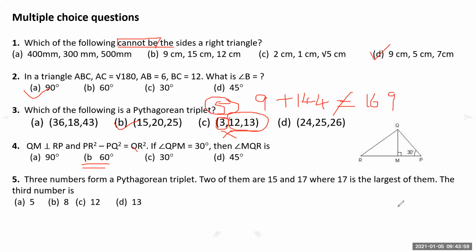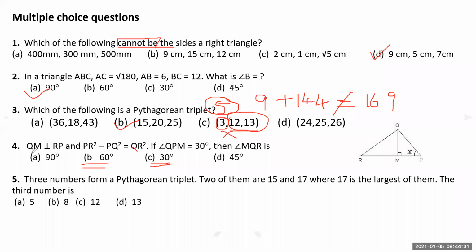And if we find out by applying 30, 60, 90, we will get angle PQM equals to... one minute please. No, sir, it will be 30 degrees. Sorry. Answer is C.